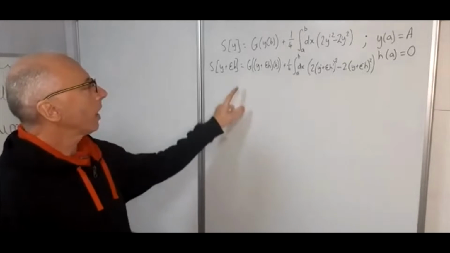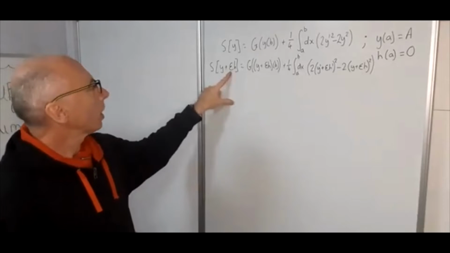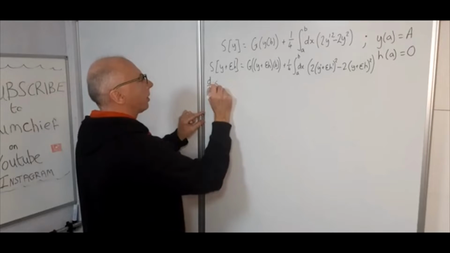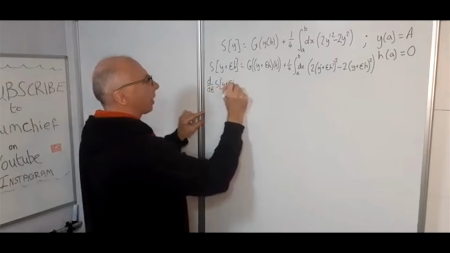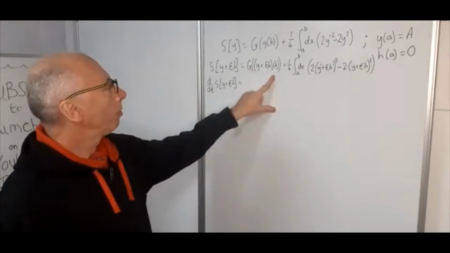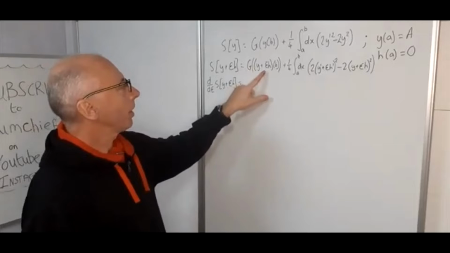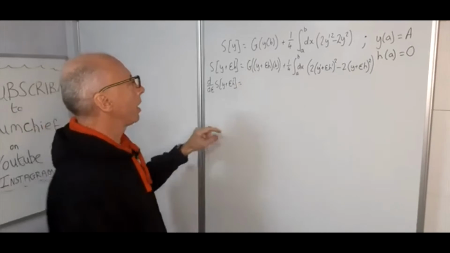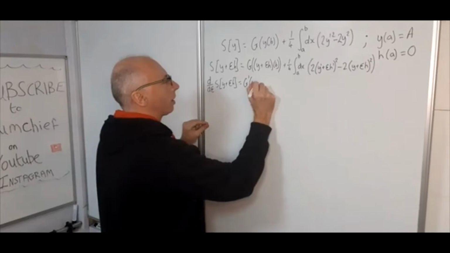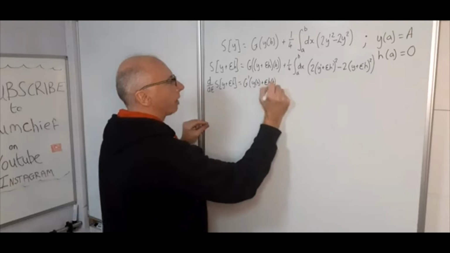Okay, so next, we've got this stage, we need to now take the derivative with regards to epsilon. So the derivative with regards to epsilon of S(y plus epsilon h). We need to use the chain rule on this one. So we need to find the derivative of the inside. Now we're going to have G' of y(b) plus epsilon h(b).